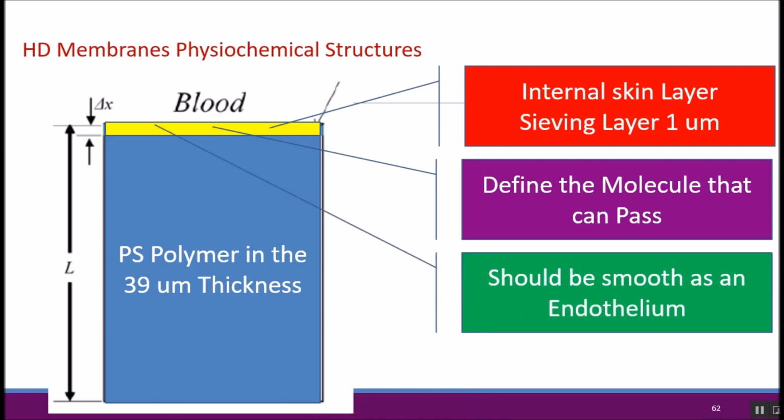The inner skin layer should be smooth like an endothelium, because any roughness facing the bloodstream during hemodialysis will induce platelet and coagulation activation.